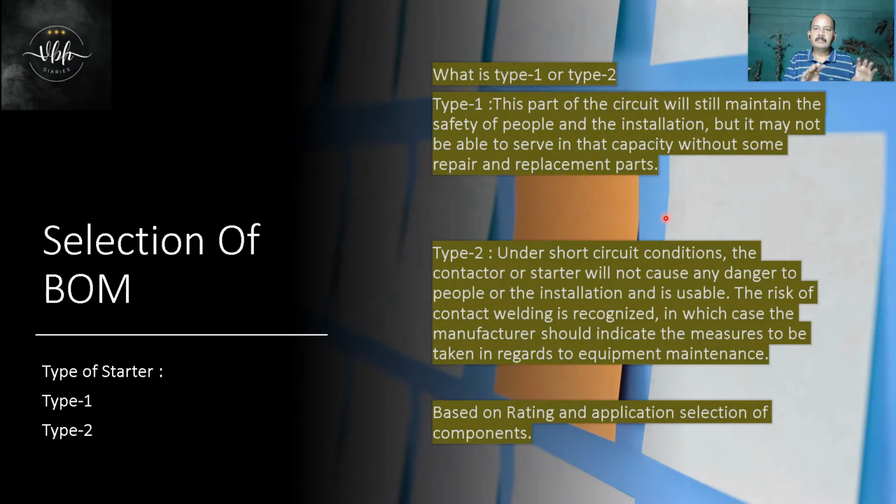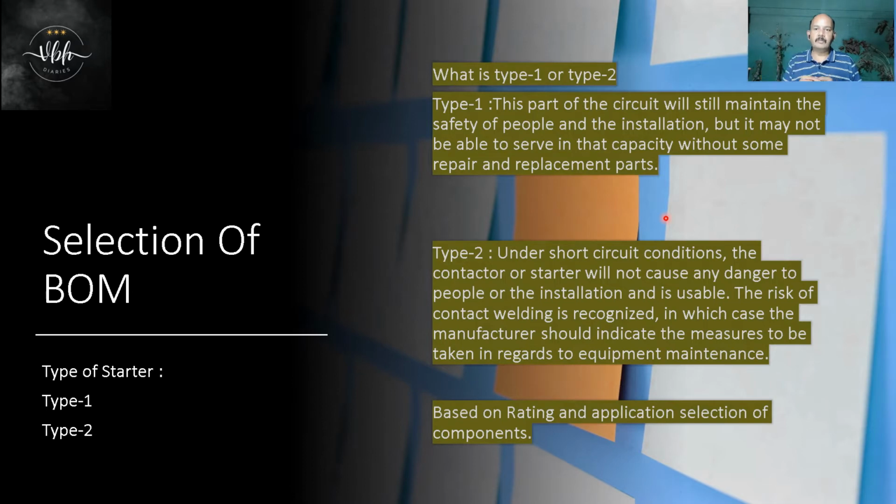We may have to change the components completely before reusing the application, because the contactors and all are designed for type 1, which is only one time. So in any major short circuit accident, it will take care, but it cannot continue the next operations.